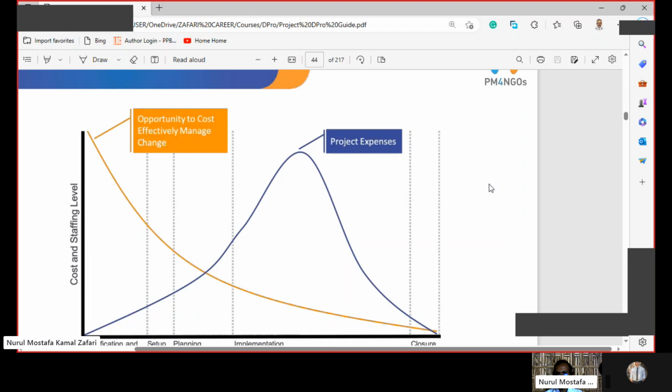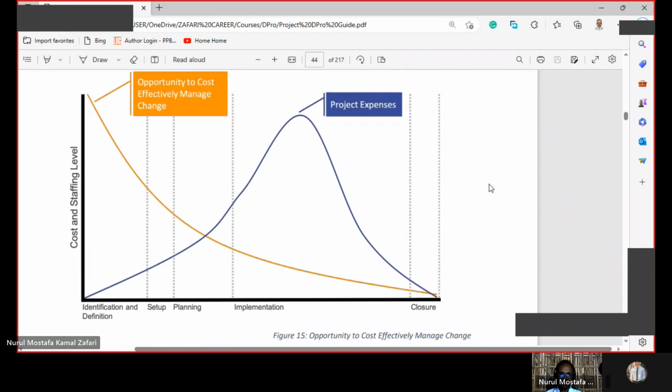Okay, now let's see. In the identification and definition phase, if we bring any change in the project, we have a lot of opportunities. So the yellow curve is the opportunity. We have opportunities and it will cost less because our staffing and cost level is not much.